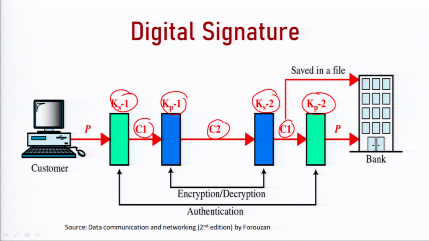And if some dispute arises someday, and the customer says that I have not sent this message, then the bank can say that we will take this copy C1 and apply K p minus 2, and it will generate P, and we will say that this has been sent by you. The bank cannot generate C1 because it does not have K s minus 1.